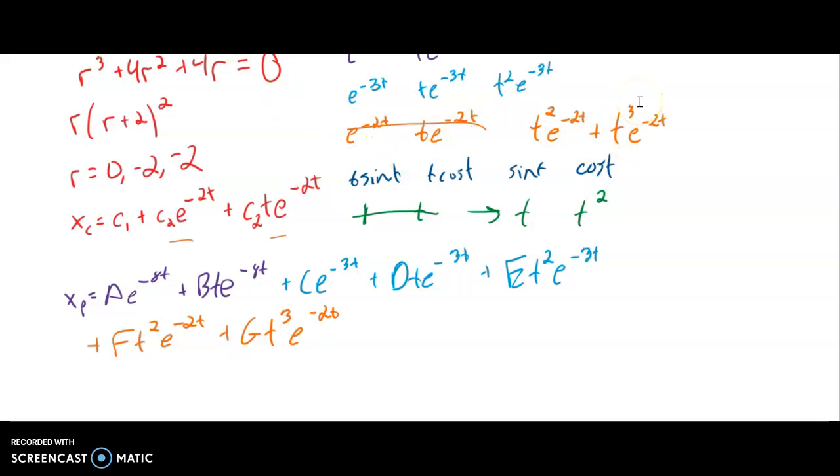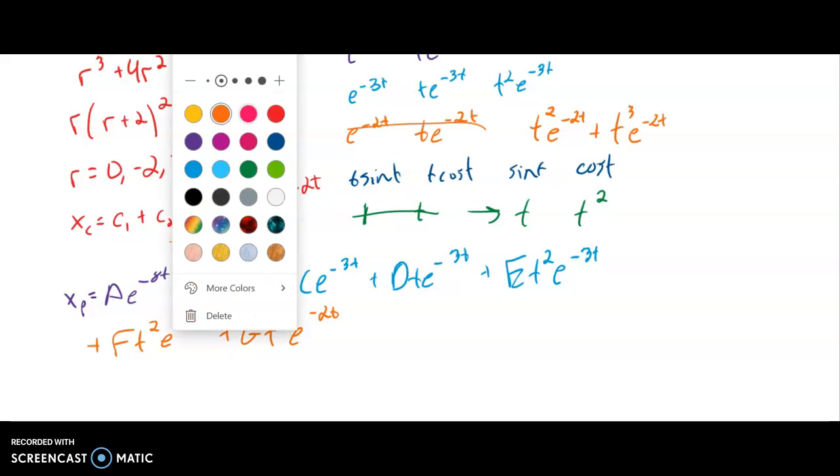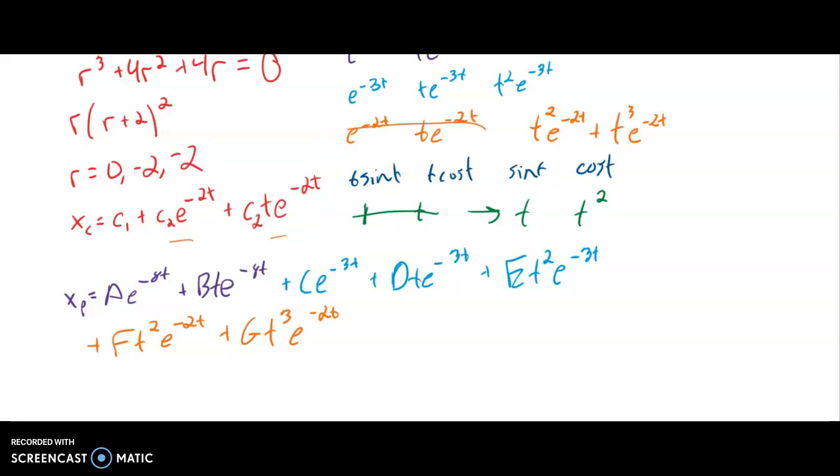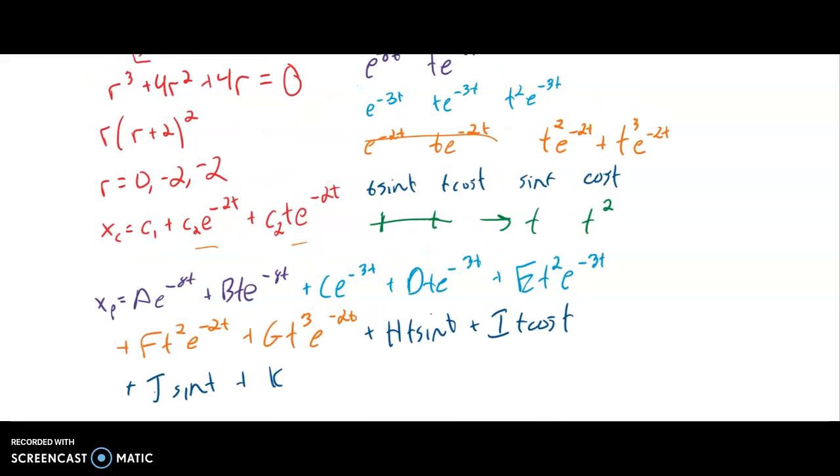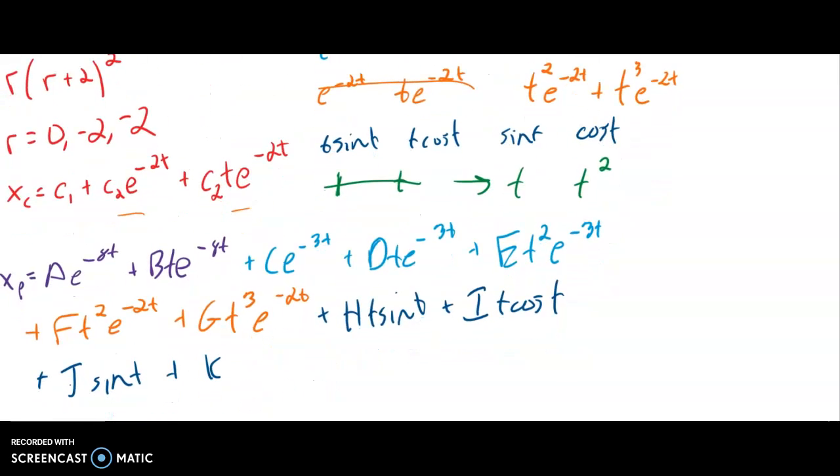Now I have to have a whole bunch of blues there for the sines and cosines. So you have h t sine t plus i t cosine t plus j sine t plus k cosine t.